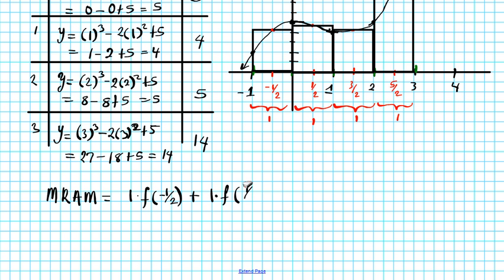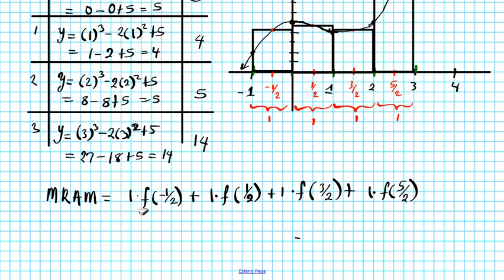To find the height, I'll plug 1/2 into the function. And then plus 1 times f of 3/2 to find the height of the third rectangle, plus 1 times f of 5/2, which is what I'll input into the function to find the height of the fourth rectangle. So this is the area of rectangle 1, rectangle 2, rectangle 3, rectangle 4.